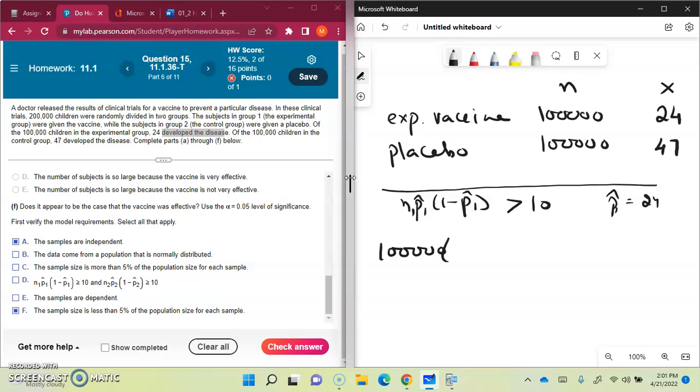It is 24 divided by 100,000, so that would be 0.00024.